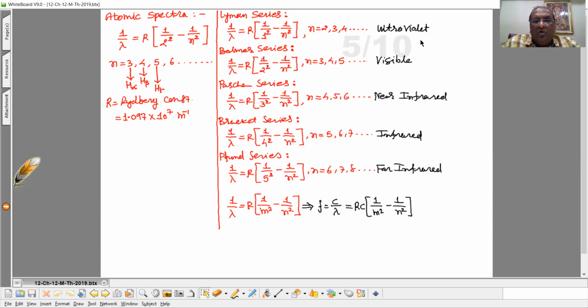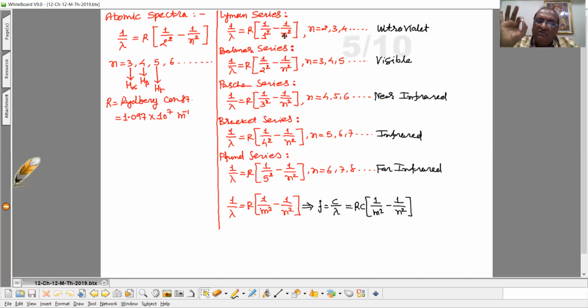All the spectral lines of the Lyman series can be calculated with the help of the common equation 1 upon lambda equal to R into 1 upon 1 square minus 1 upon n square, where n equal to 2, 3, 4 and so on. Now if we substitute n equal to 2, we will get the very first line of the Lyman series.